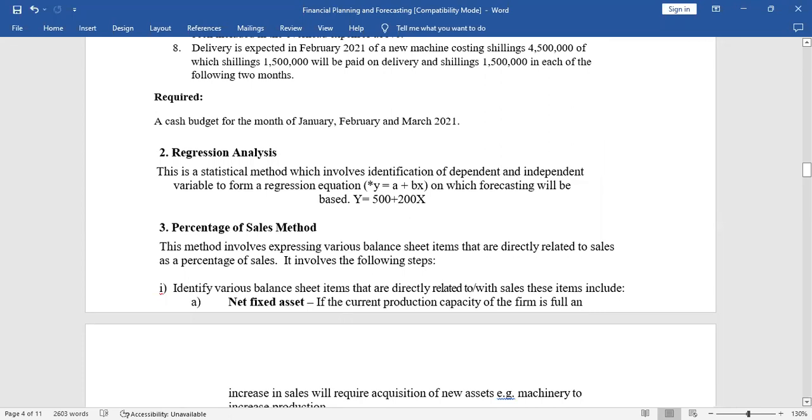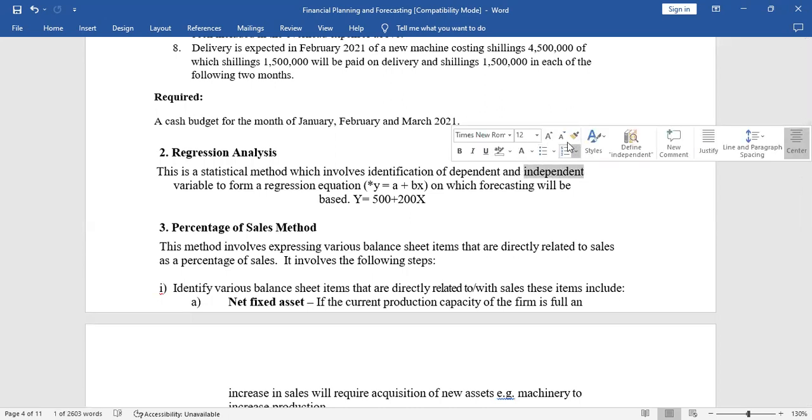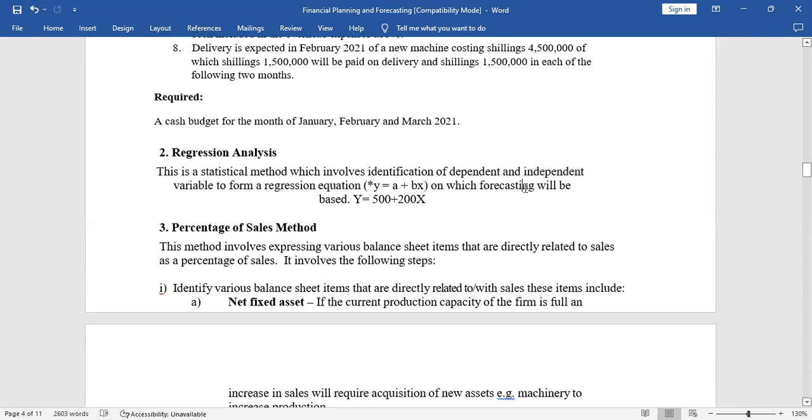But the regression method is a stochastic or statistical method which involves the identification of the dependent and the independent variables. And we work on the linear regression equation, y = a + bx, where x is our independent variable.